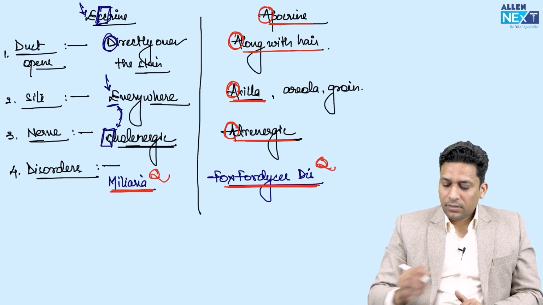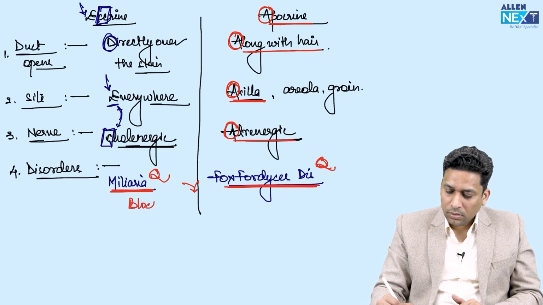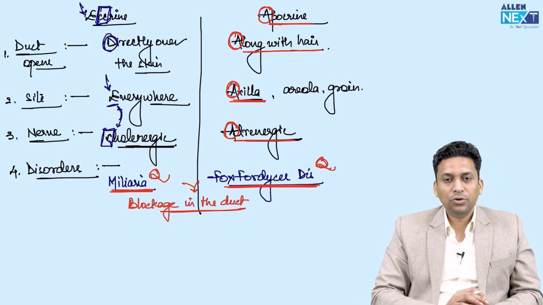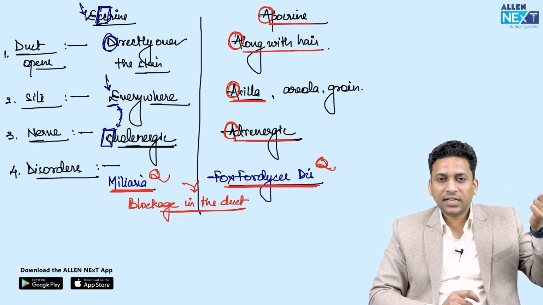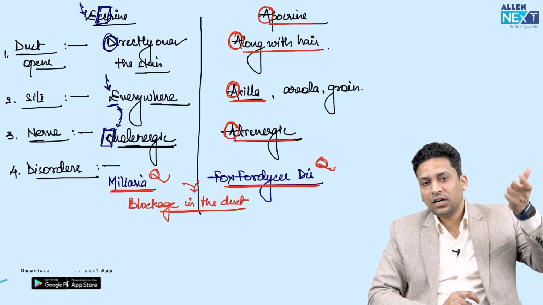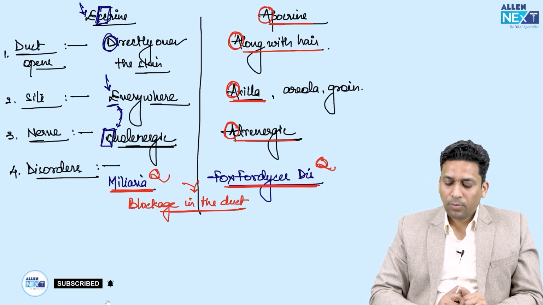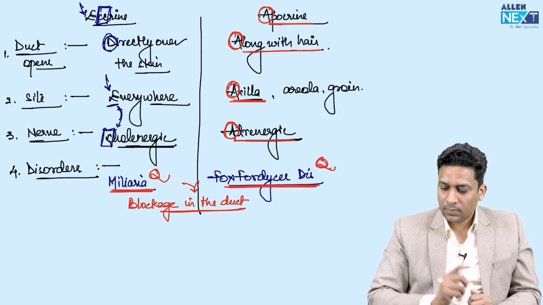Why do these two appear? Both are due to a blockage in the duct. If the blockage is in the duct of eccrine, miliaria occurs. If the blockage is in the duct of apocrine, Fox-Fordyce disease occurs. So both are due to blockage in the duct of eccrine or apocrine sweat gland.